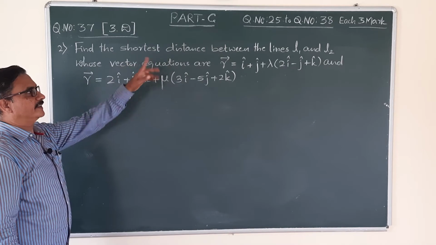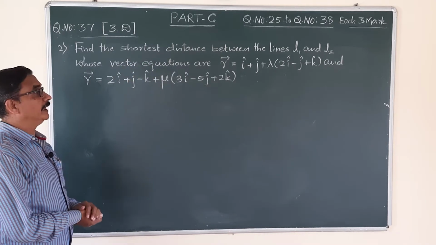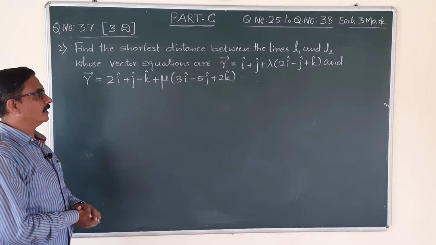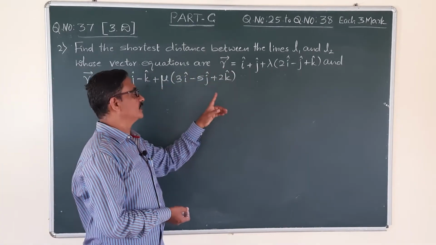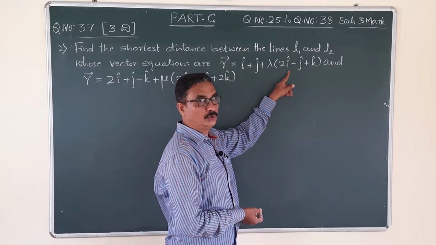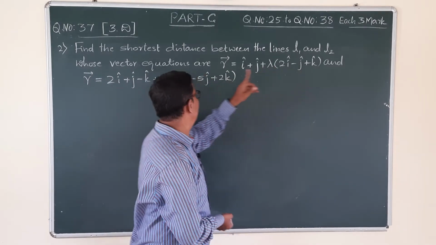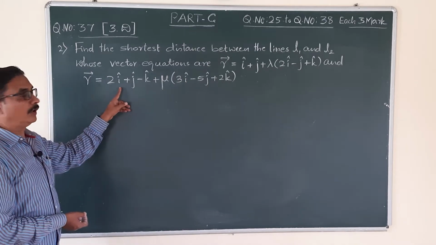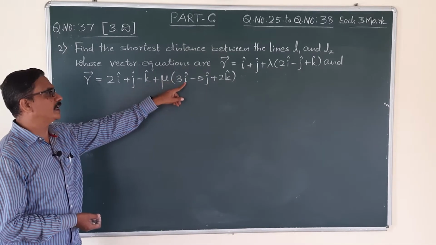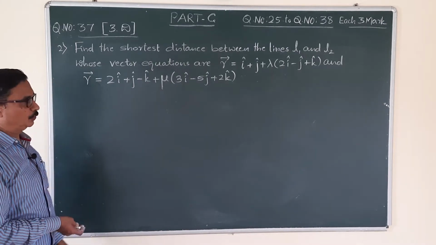Find the shortest distance between the lines L1 and L2 whose vector equations are given: r is equal to i plus j plus lambda of (2i minus j plus k), and r is equal to 2i plus j minus k plus mu into (3i minus 5j plus 2k).